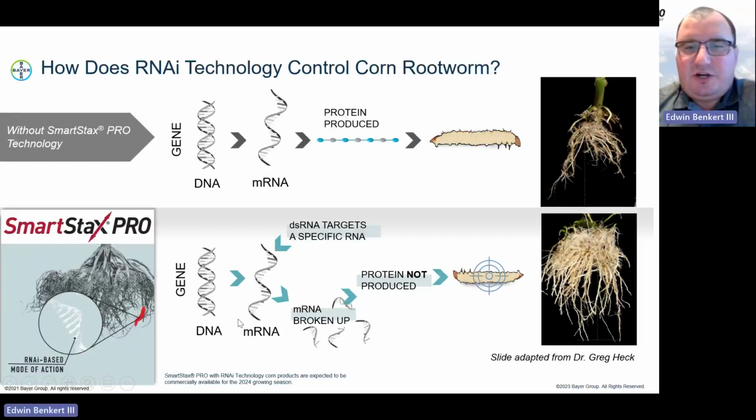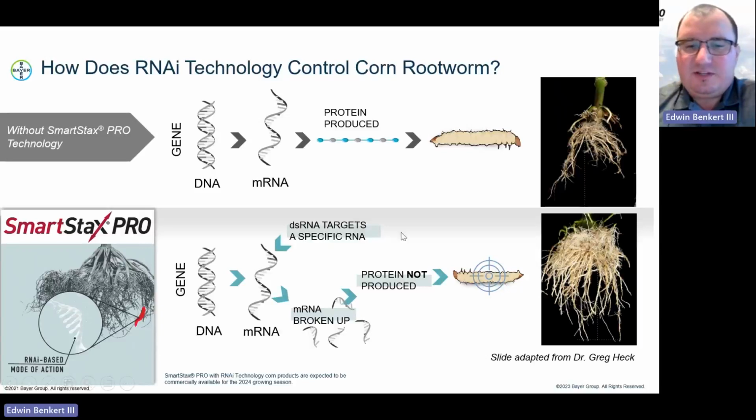When we introduce RNAi that's present in SmartStax PRO, we still have the DNA that's acting as an instruction booklet, and we still have the mRNA that's coming in and reading those instructions. But we introduce the RNAi, and we target that mRNA, and that causes the mRNA to become broken up. If the mRNA is broken up, it can't turn around and produce any proteins, and without those proteins, we get death in the insect.